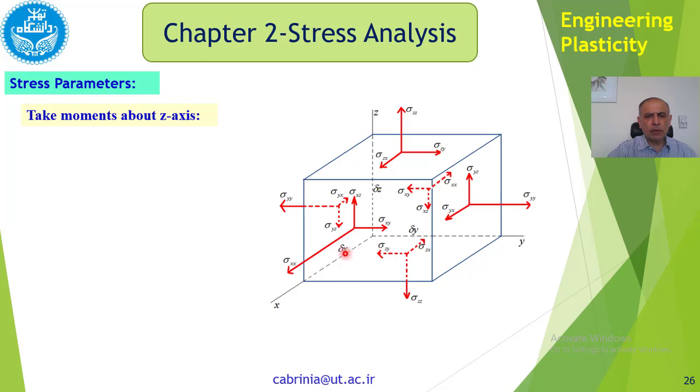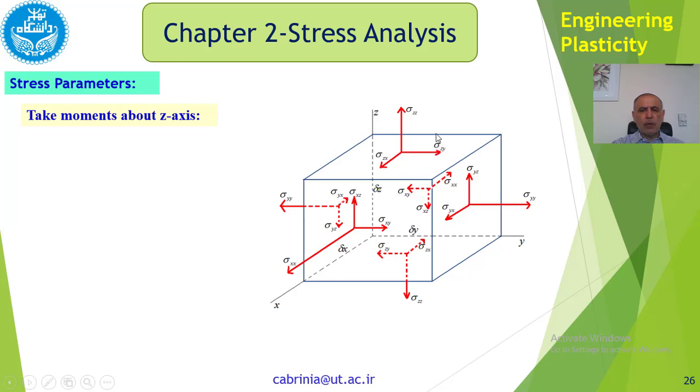Therefore, we start from the z-axis. Taking moment about the z-axis, for instance, for this face of the cube, sigma zz is parallel to z, so it has no moments. So only sigma zy and sigma zx have moments.